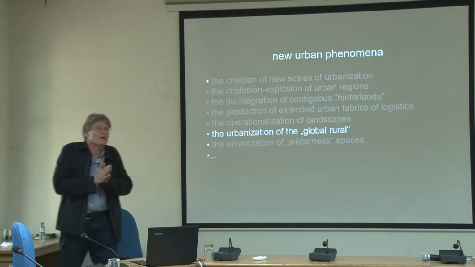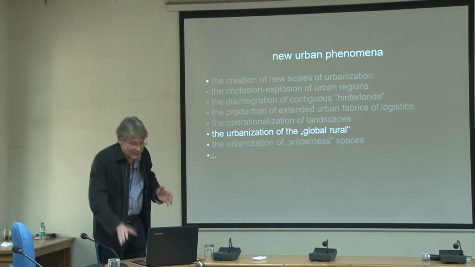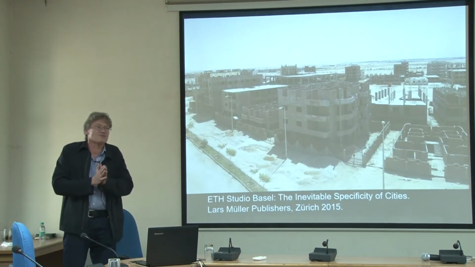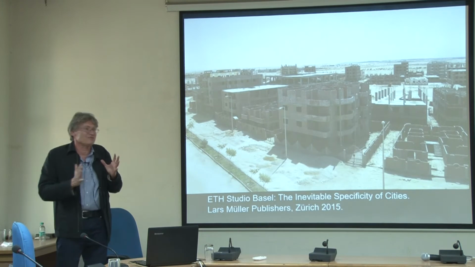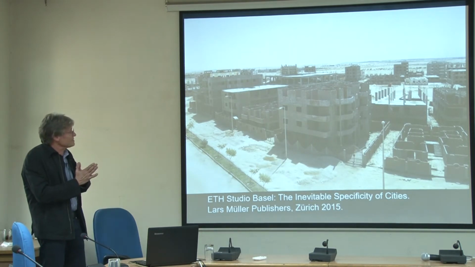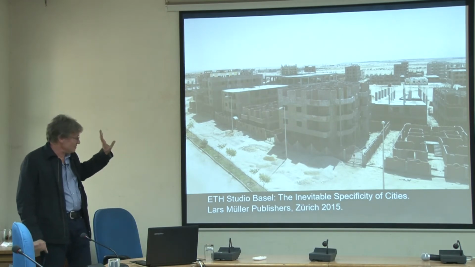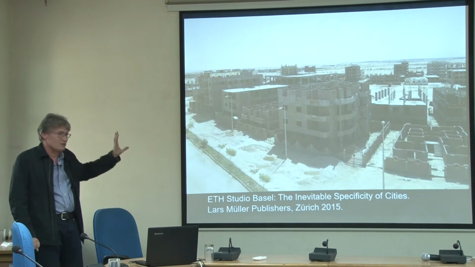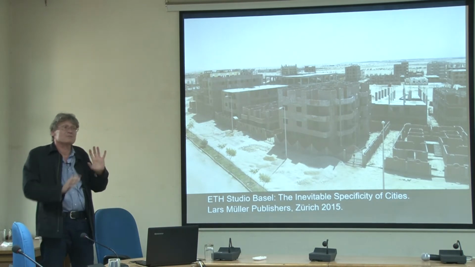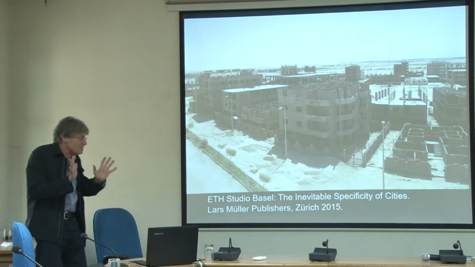But just to show that also seemingly really rural areas, for instance, the Nile Valley, show significant forms of urbanization, even if it might not be really successful in the first instance. This is a project we looked at at ETH Studio Basel, and in a book we recently published on the specificity of the urban, so that each urban space is specific.